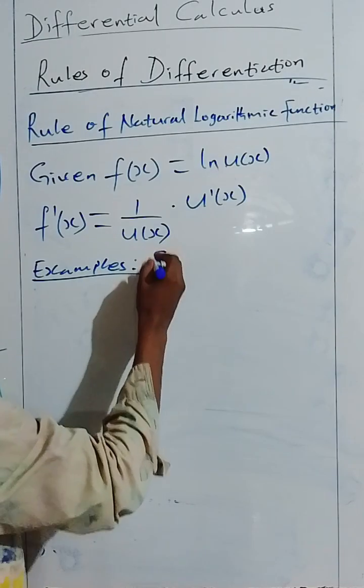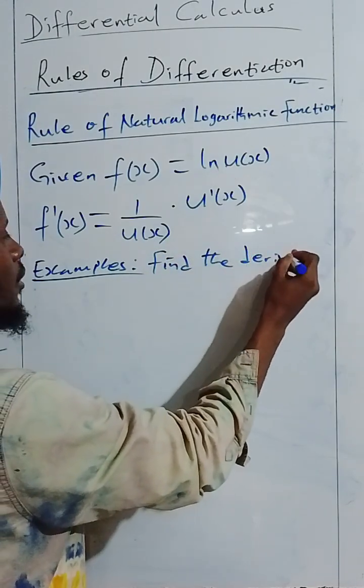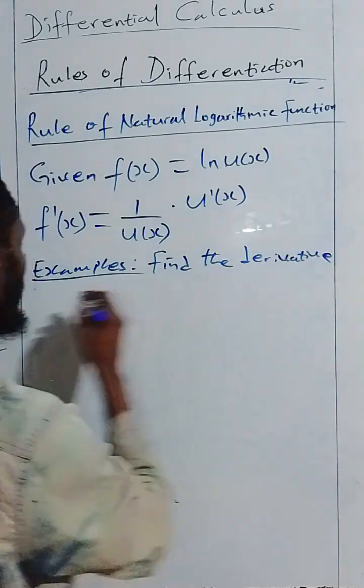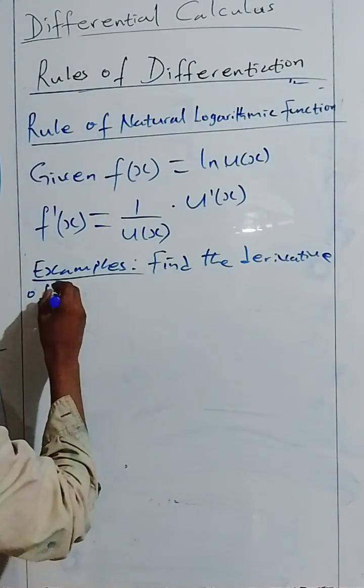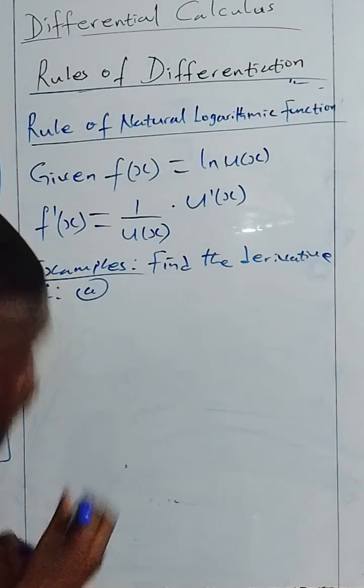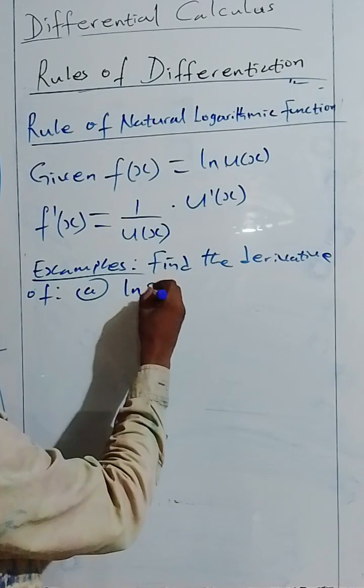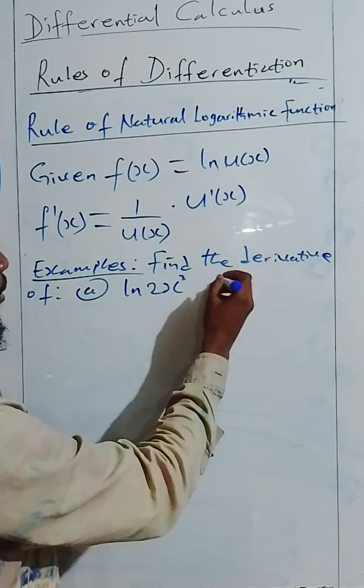Let's say we are asked to find the derivative of the following. The first question, A: ln of 2x raised to the power 3.